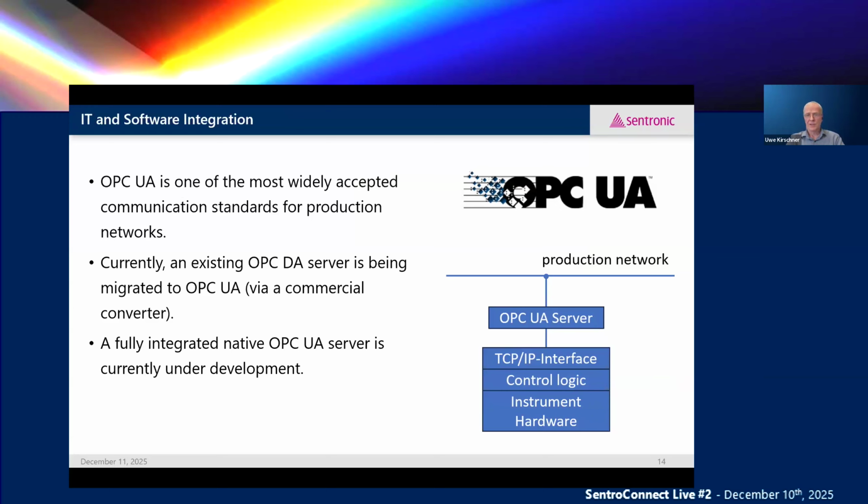Our current OPC interface is still using OPC DA and uses a commercial OPC UA converter for the current situation. We are developing a native OPC UA server, which is going to be finished within 2026. This will then allow running the OPC server directly from any of our instruments, including the SentroPAT Compact.